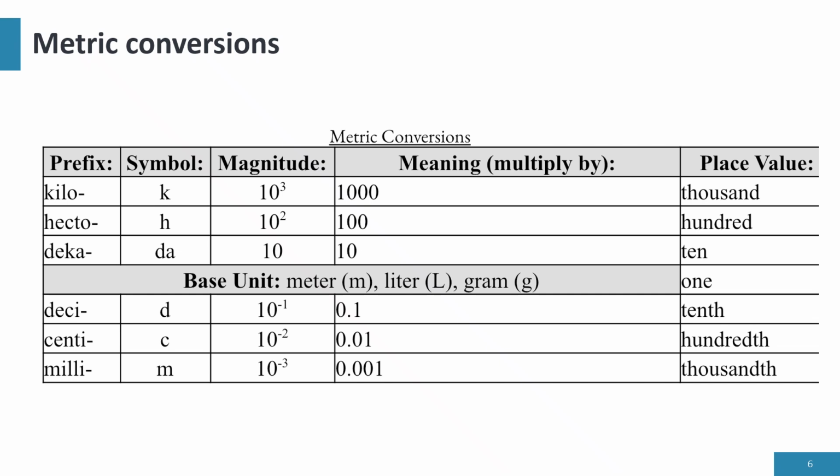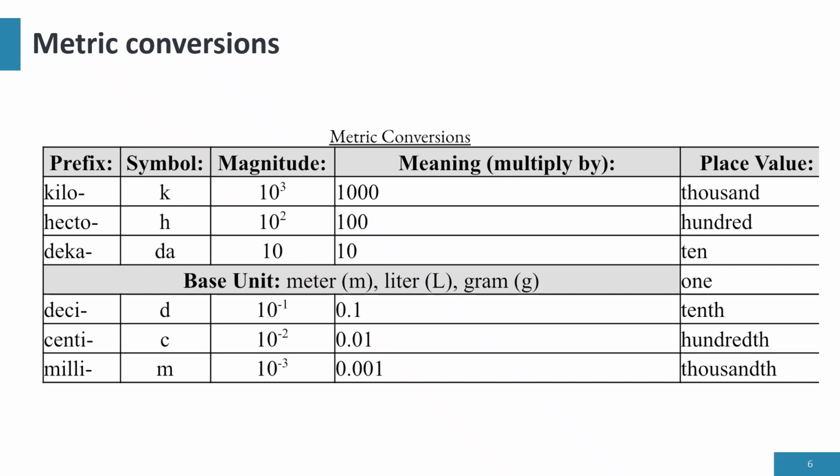And sometimes we have to go to a smaller unit, and we have to move the decimal in the other direction. So in other words, if I have a meter and I need to see how many milliliters I have in a meter, I have to multiply.